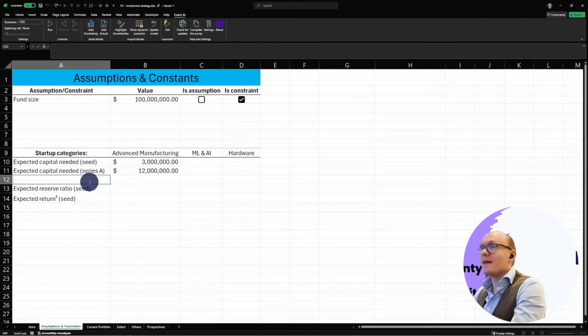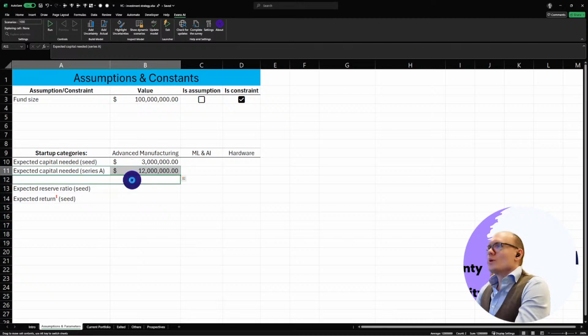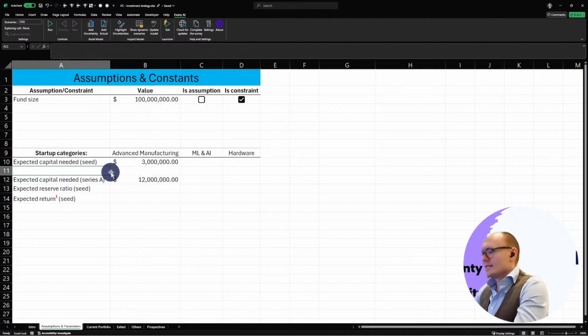So in this case, what we would potentially say is maybe we'd like to take a bigger chunk for the first time. So we could do this and say, position size.